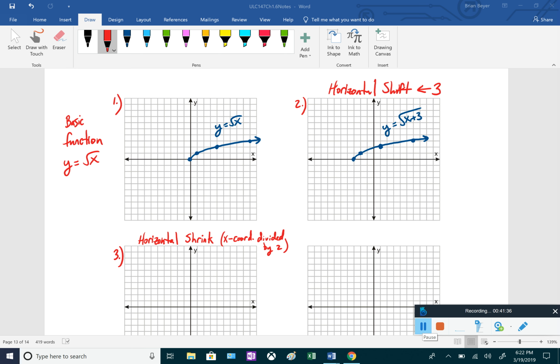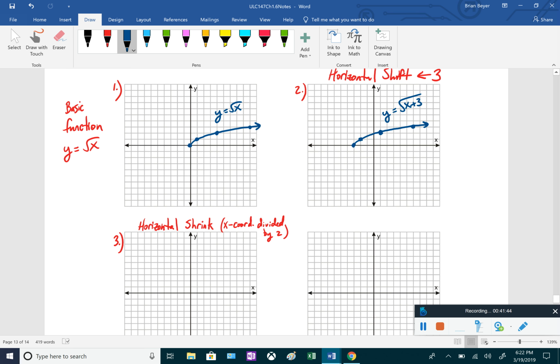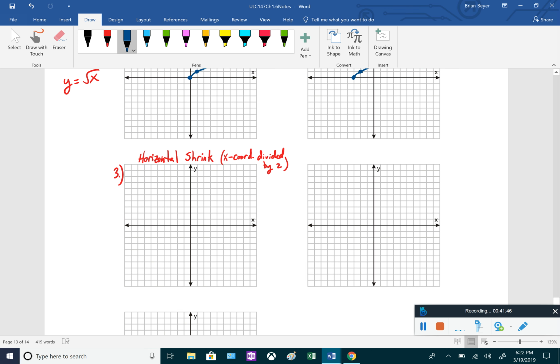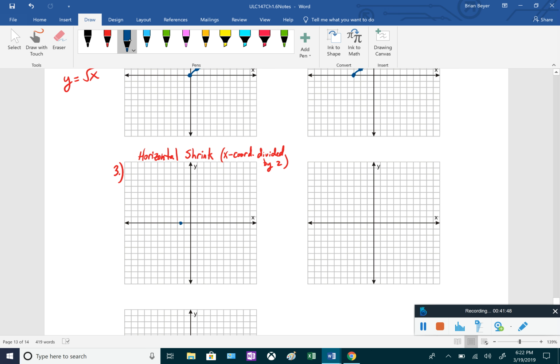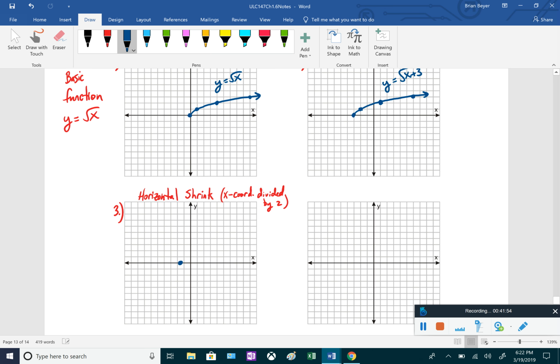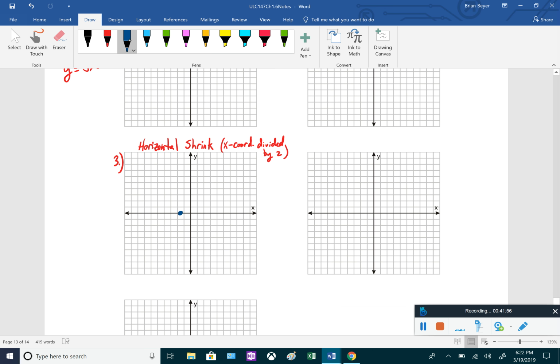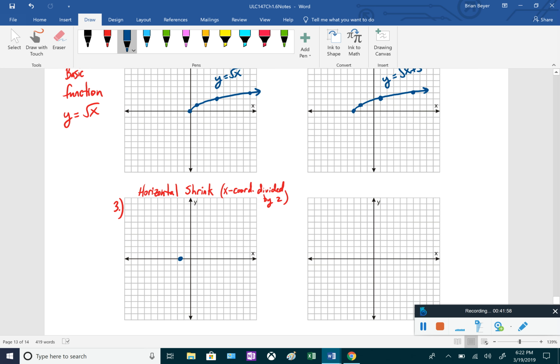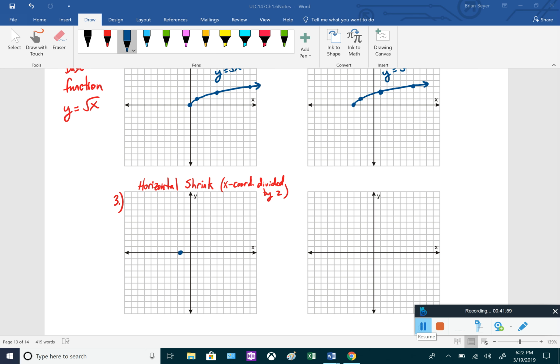So taking a look at the x-coordinates from the one that we just graphed, we have an x-coordinate of -3. If we divide that by 2, we get -3 over 2, so we get -3/2. The y-coordinate stays the same, which was at 0. Then we have an x-coordinate at -2. -2 divided by 2 is -1. So that's going to put us right here.